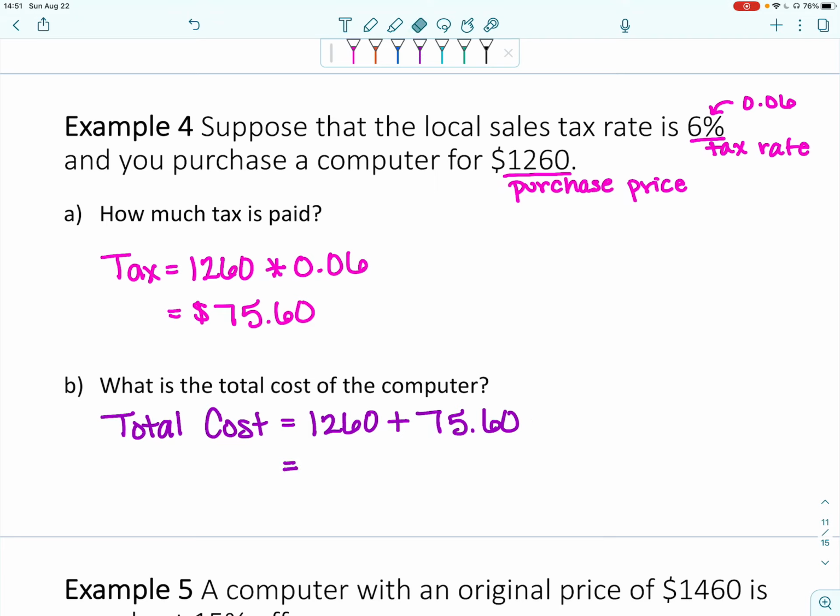So we end up paying a grand total of $1,335.60 for this computer. That's how much you're going to charge to your credit card, or that's how much you're going to have in cash to walk out of that store with the computer. $1,260 will not get you the computer.